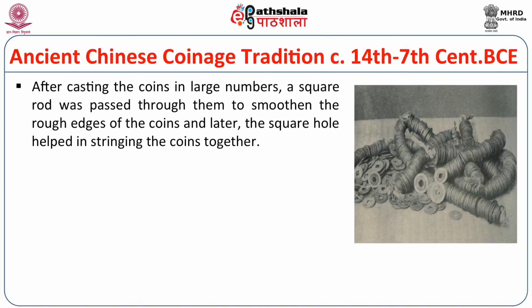So these coins were made with casting in multiple layer molds, and after casting them in large numbers, a square rod was passed through the center of the coin, basically to smoothen the rough side edges of the outer side. So the square hole helped in stringing the coins together.